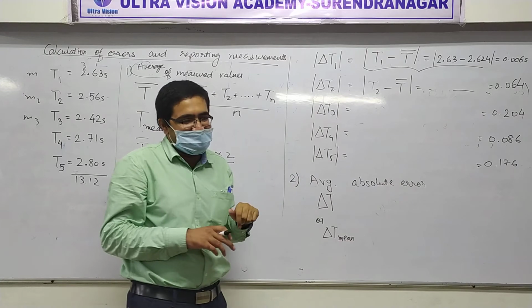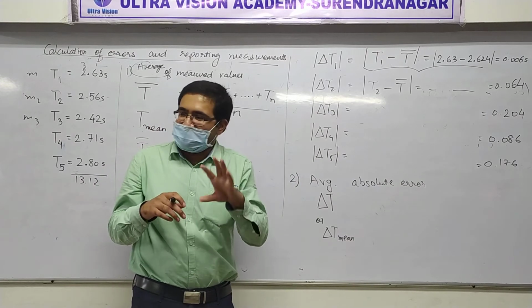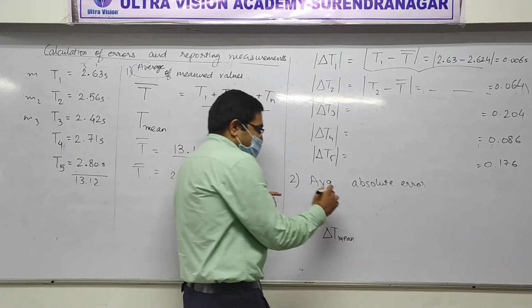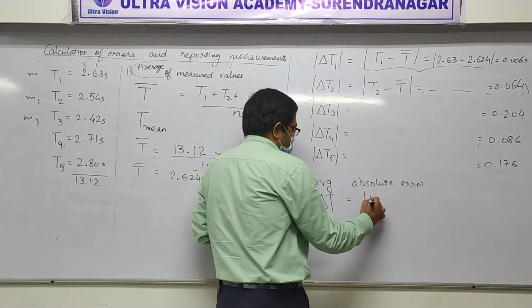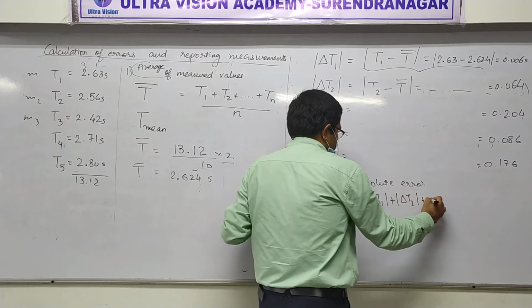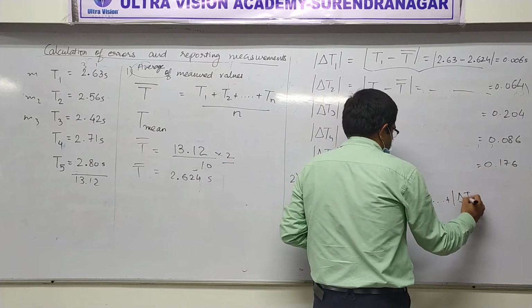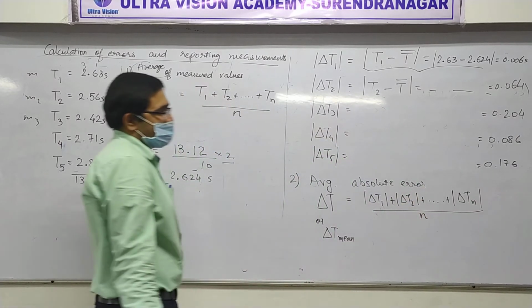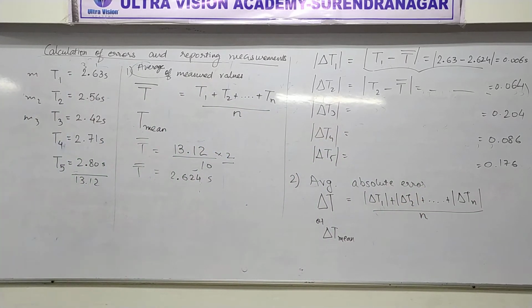How many absolute errors are there? 5. As many as there are, no problem. And you take their average. So, general formula for the average absolute error is like this. Did you understand the formula or not?